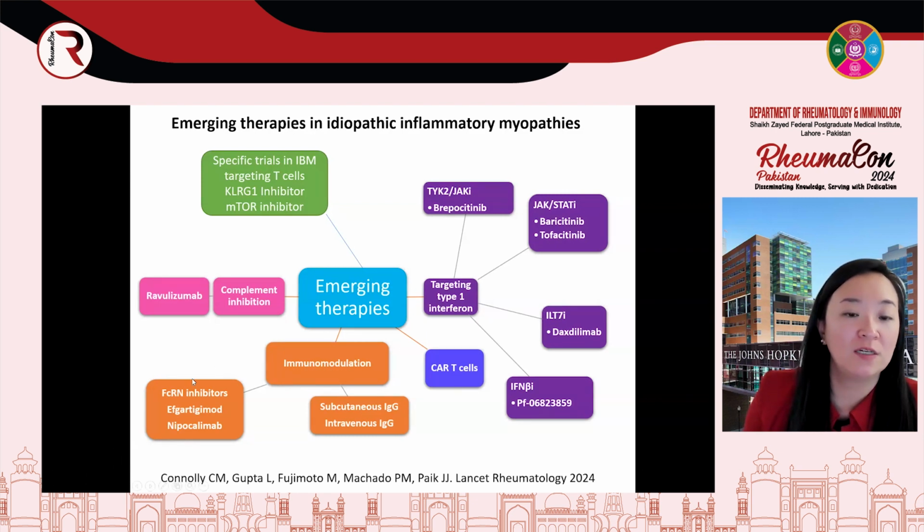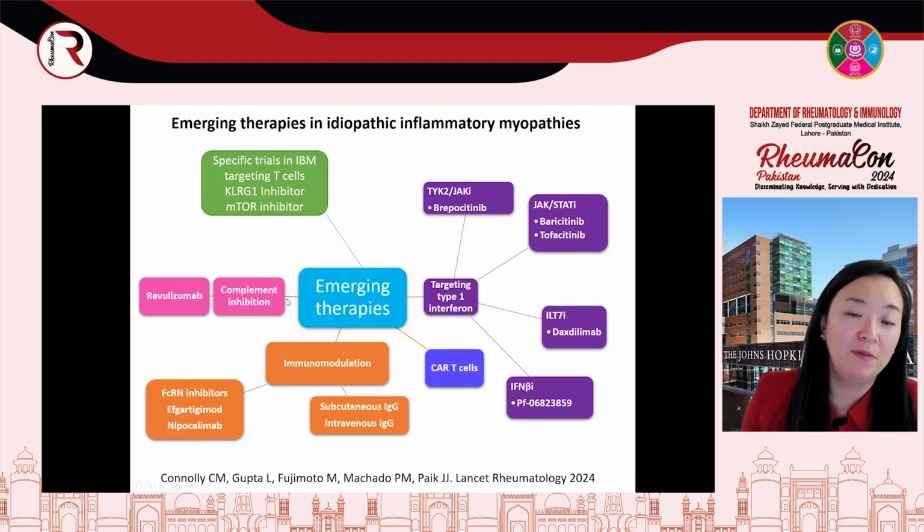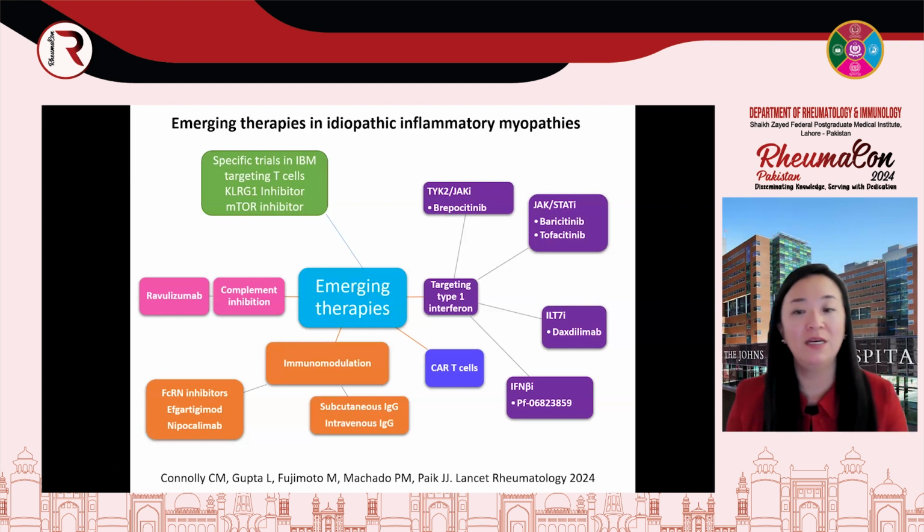And then we talked about these FcRn inhibitors. There are 2 of them. Those are 2 separate clinical trials with different pharmaceutical-sponsored clinical trials. And then we know about IVIG from the PRODERM trial, but there is also a subcutaneous IgG clinical trial that is ongoing as well. And here is the complement inhibition. We were a recruiting site for this trial, but this trial has completed.